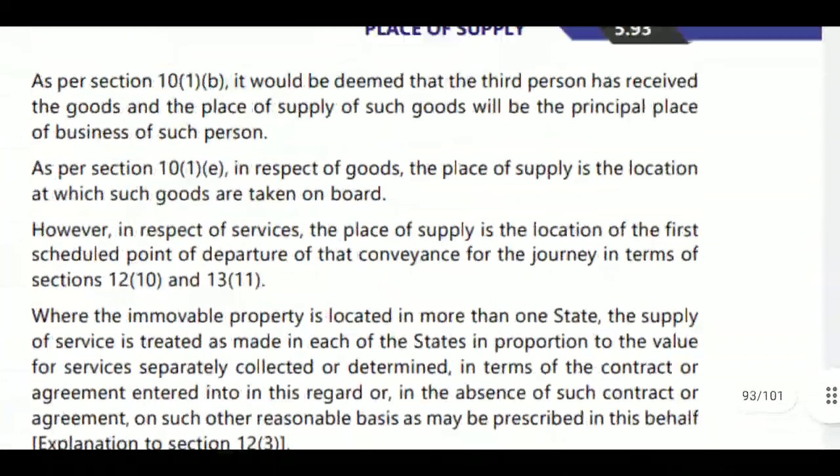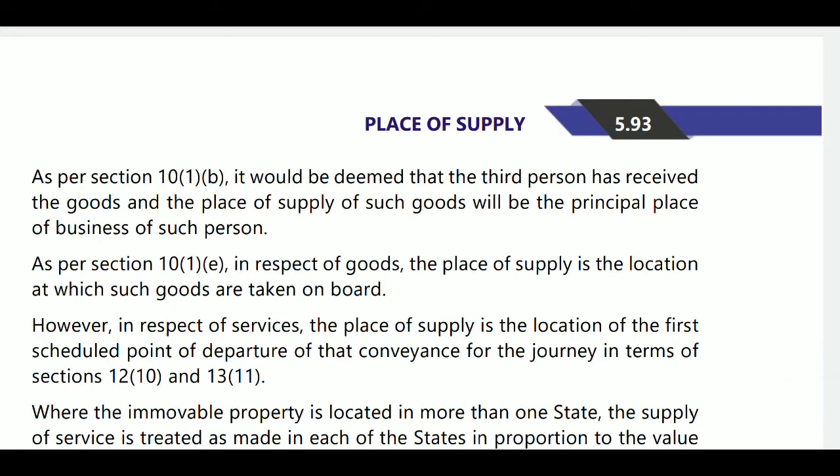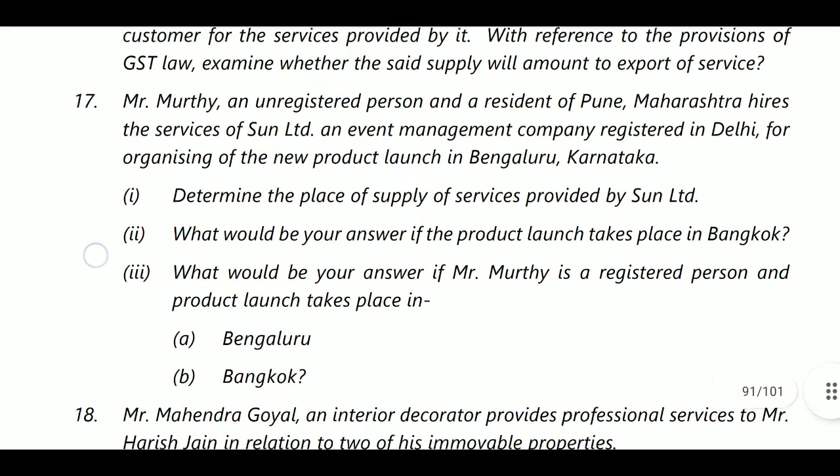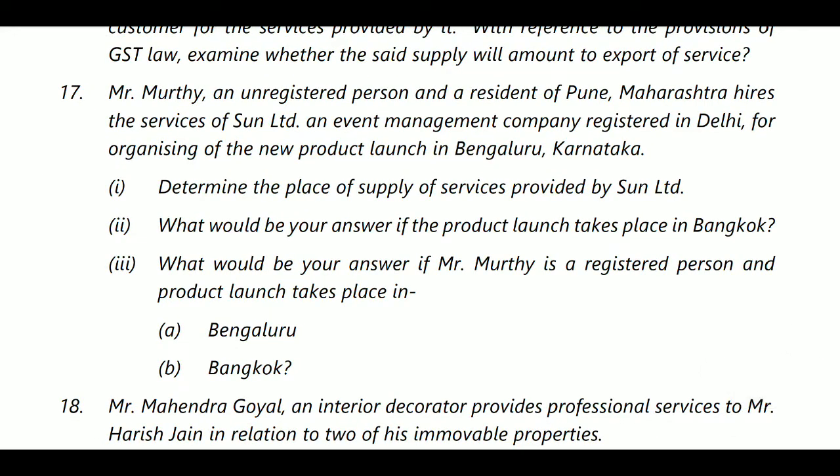Next question, the 17th question. Mr. Murthy, an unregistered person and a resident of Pune, Maharashtra, hires the services of Sun Limited, an event management company registered in Delhi, for organizing a new product launch in Bengaluru, Karnataka.